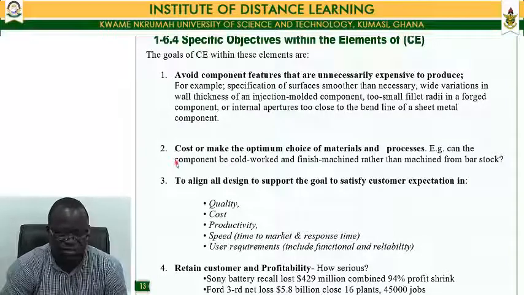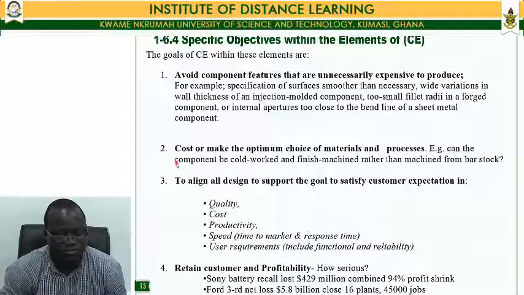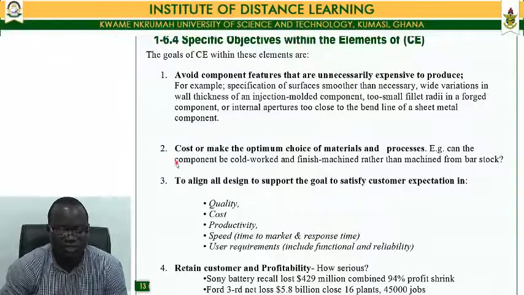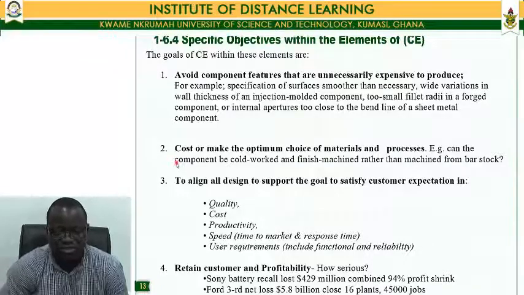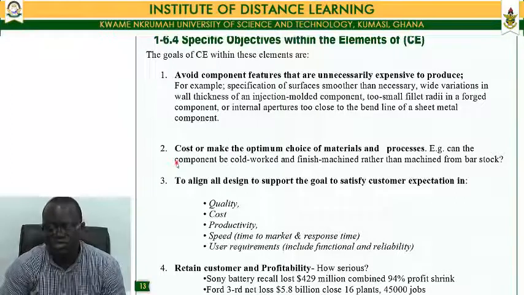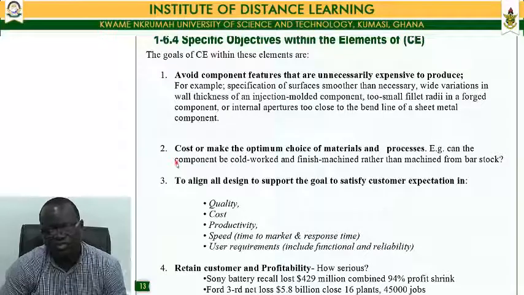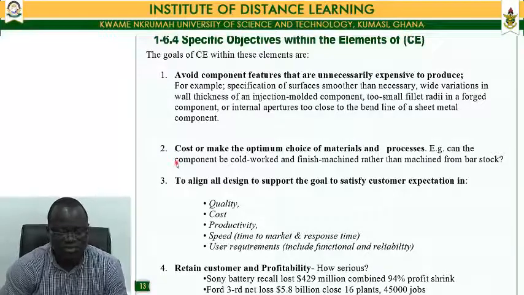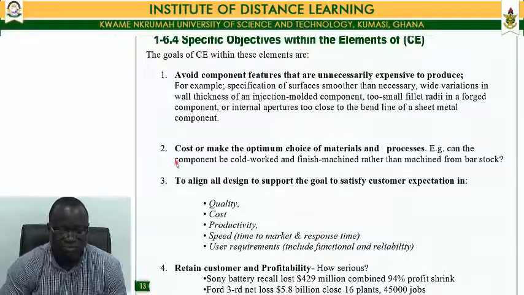Okay. Now, specific objectives within the elements of concurrent engineering are as follows. Based on these global objectives, this is how the companies will respond to them. They avoid components or features that are unnecessarily expensive to produce. For example, specifications of surfaces that are smoother than necessary, wide variations of wall thickness, too small fillet radii, and some internal apertures of some components that may not be necessary.